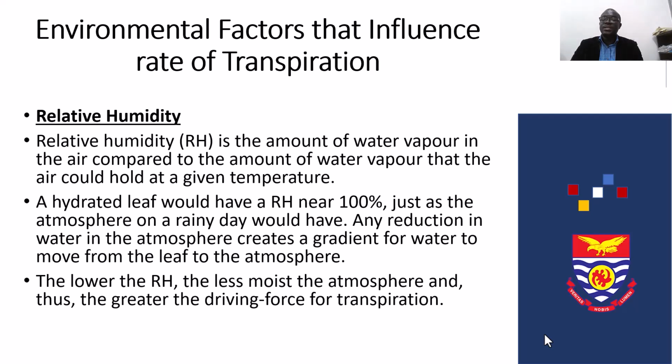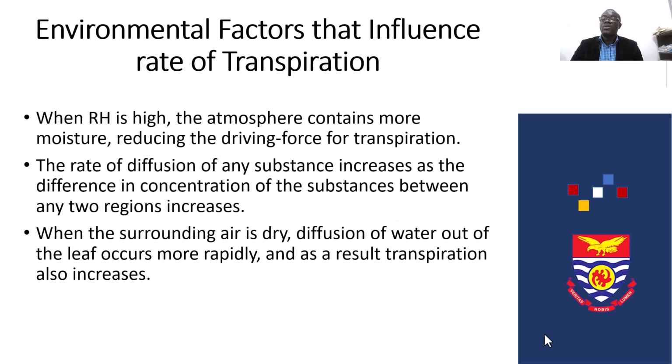Any reduction in water in the atmosphere creates a gradient for water to move from the leaf to the atmosphere. The lower the relative humidity, the less moist the atmosphere, and thus the greater the driving force for transpiration. So when relative humidity is high, the atmosphere contains more moisture, reducing the driving force for transpiration.